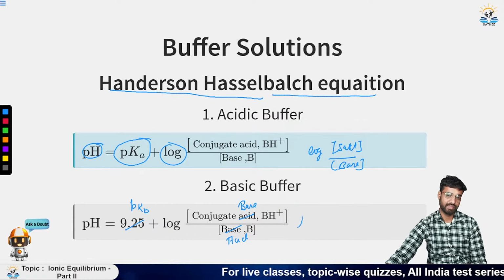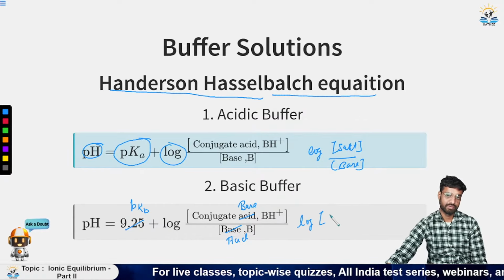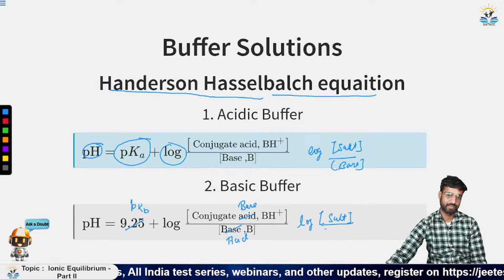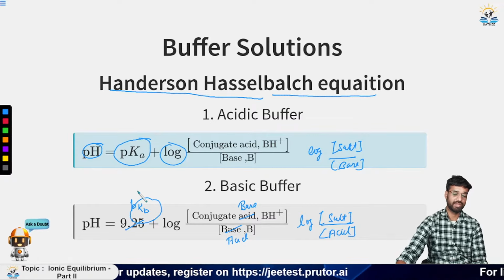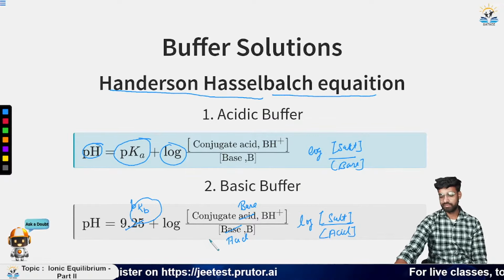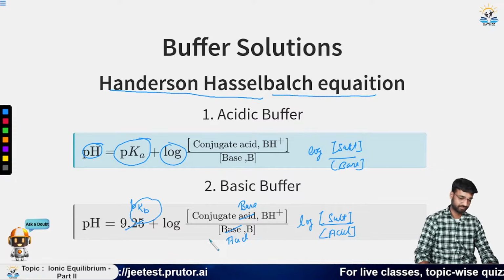If you write it in another way, it will be the concentration of salt divided by the concentration of acid. We again have the pKb in place of pKa. Now you can use this formula and find your answer.